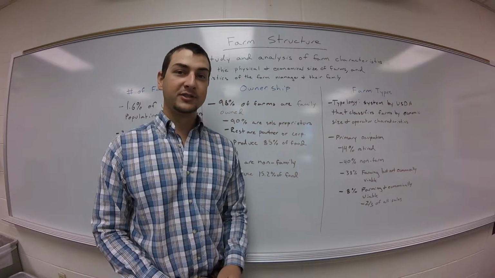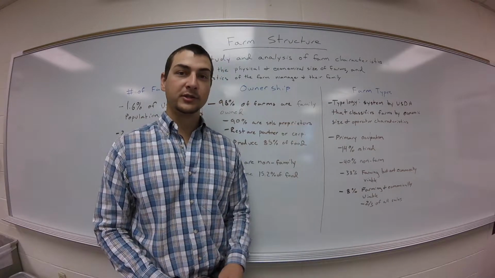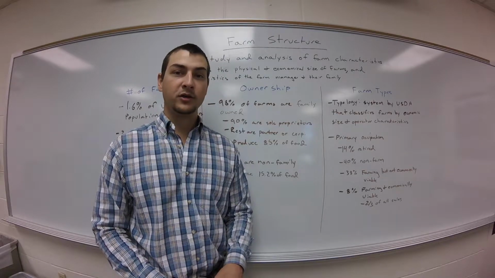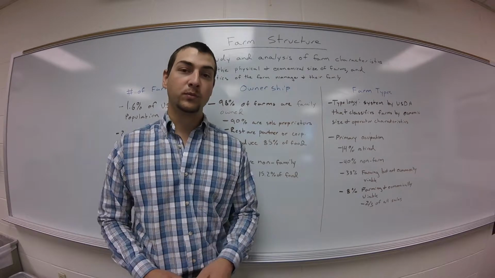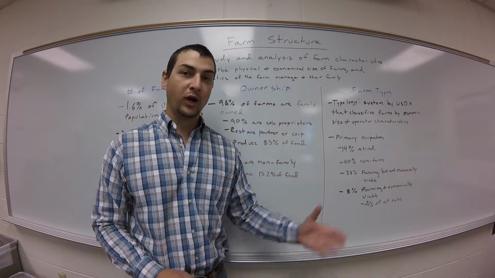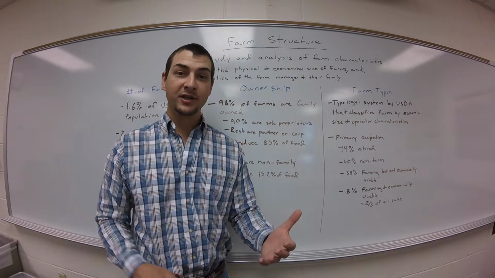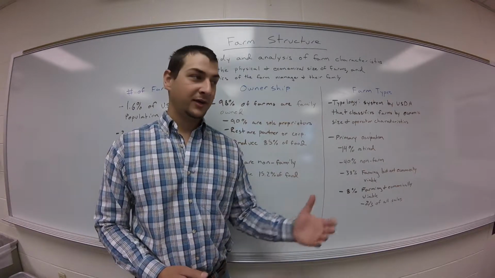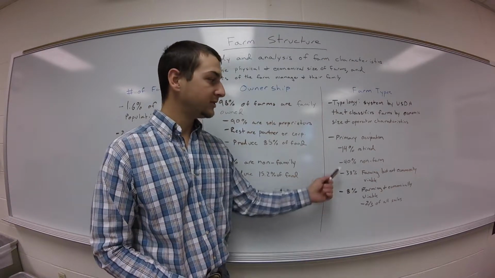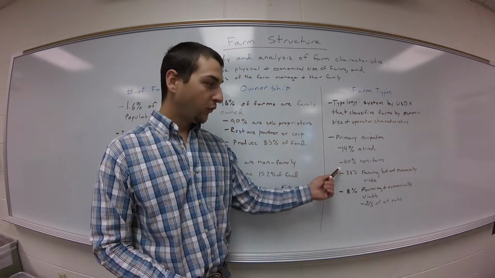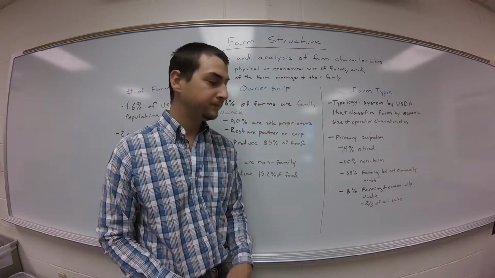So that could be something as simple as somebody works somewhere and then also has a ranch on the side, or a farm on the side, or maybe the husband stays at home and tends to the farm, but the wife is a lawyer in town somewhere, so she brings in, say, $90,000, and he brings in a net profit of, say, $40,000. Well, the primary occupation of that family would be considered non-farm income. So 40% of the people said that the majority of their income comes from non-farm income.